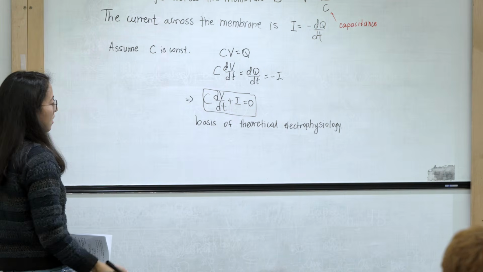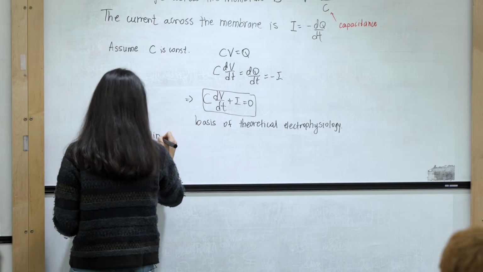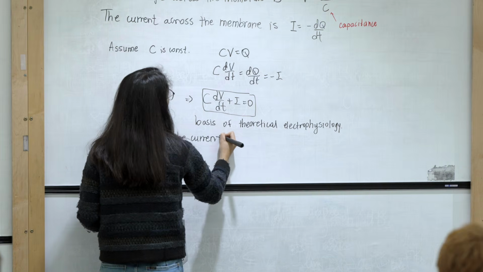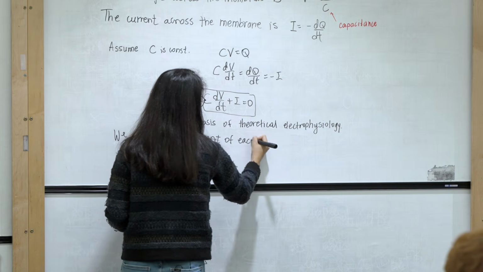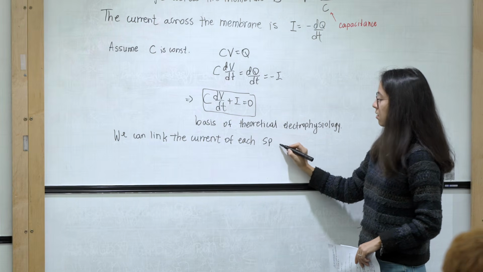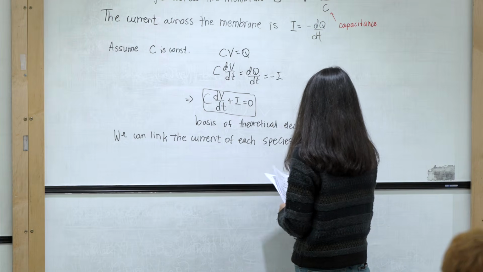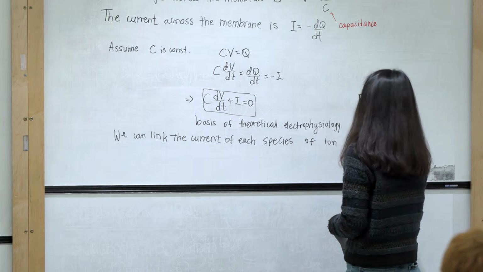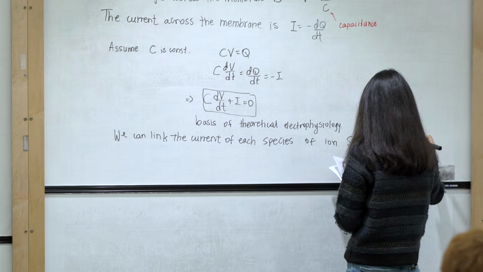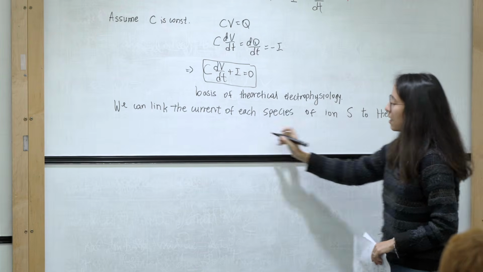All right, so now we can also link the current of each species. When I am talking about species here, I'm referring to ions. To the voltage through the following equation. So I can write down IS.